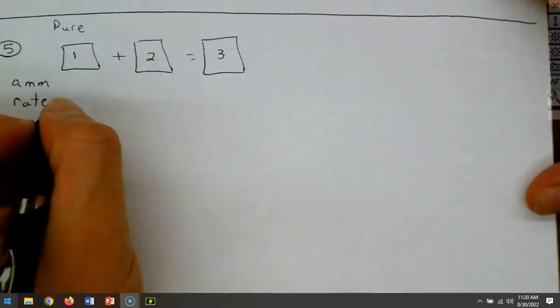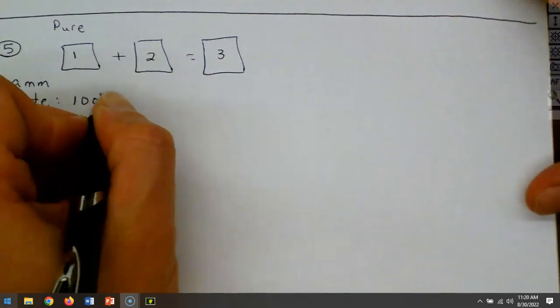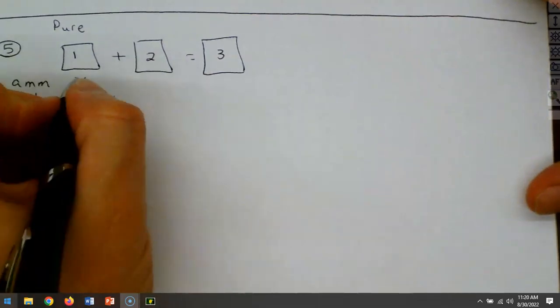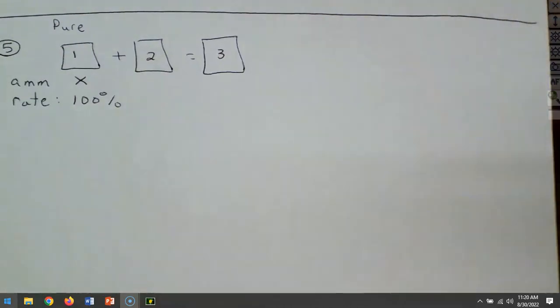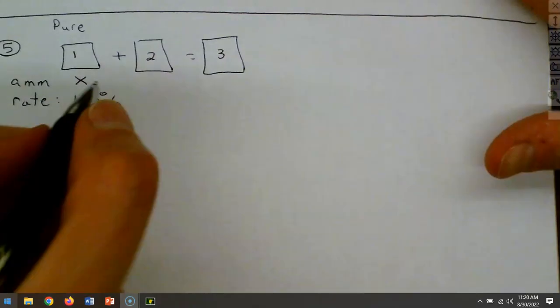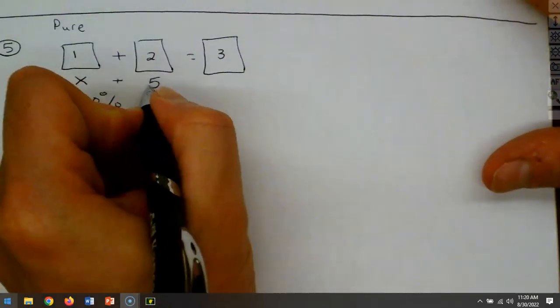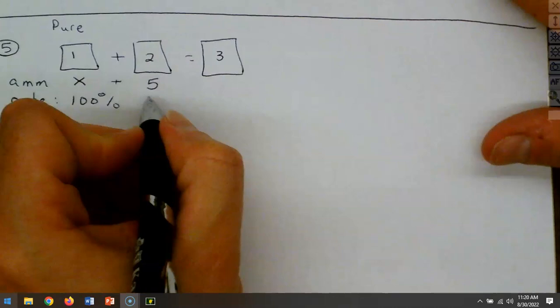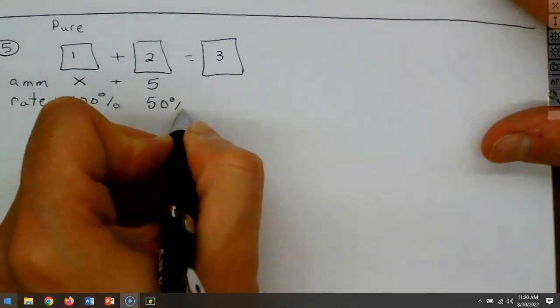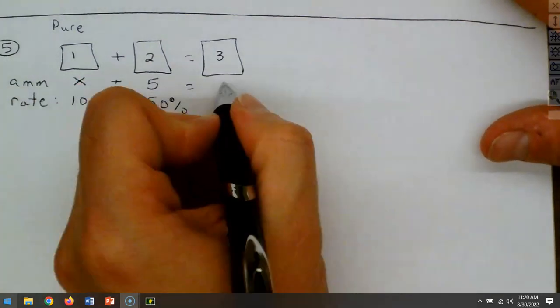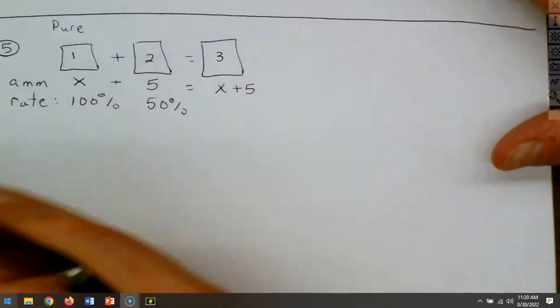And pure concentration is 100%. Unknown amount X. And we're going to take that pure and we're going to mix it with 5 gallons of a 50% solution. These add across again, so that's X plus 5.